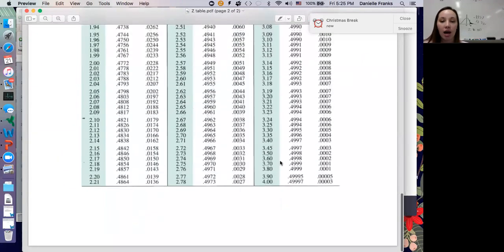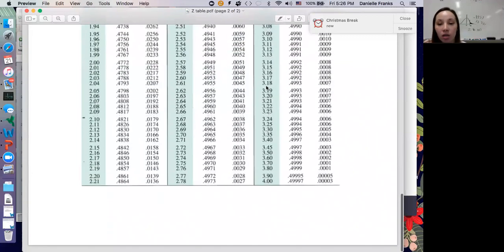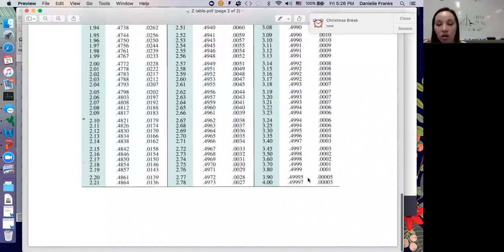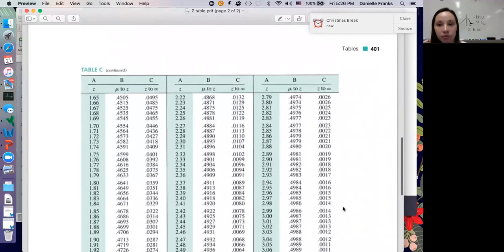We see that the highest z-score that it goes to is 4, which makes sense, right? Because what I said earlier was that 99.7% of z-scores fall within 3 standard deviation units from the mean. So here we're getting into some real extreme values at the 4 z-score level.